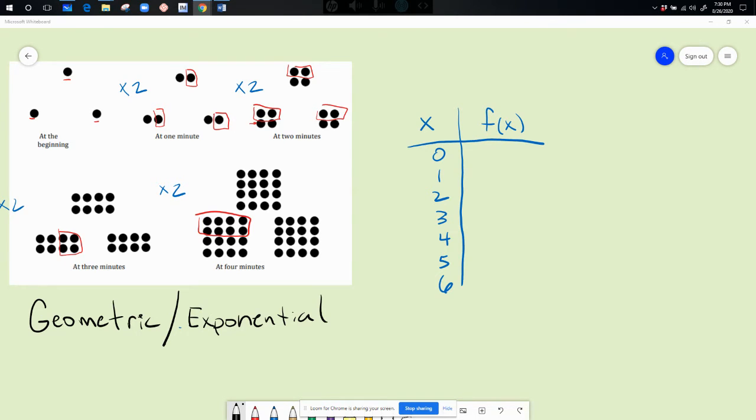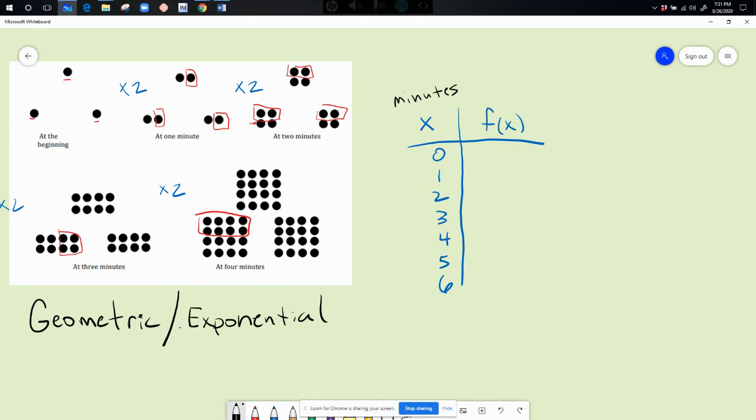So the x side is going to be just like the other problems, where we're basically going to say, okay, this is changing every single time by the same amount. So those are obviously our minutes. That's what's causing the dots to change. So the minutes happen no matter what.